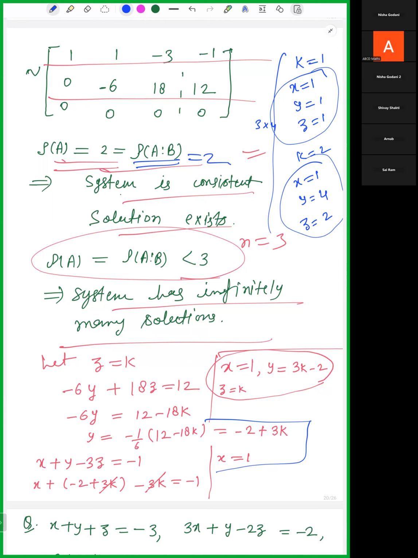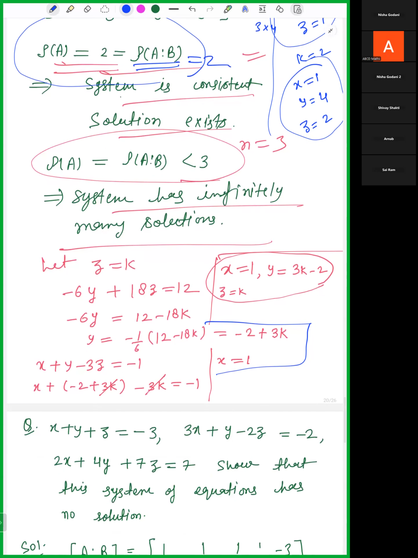Okay, so you must know the difference between unique solution and infinite solution. In case of infinite solution, the rank of augmented matrix and the given matrix is same, but it is less than the number of unknowns. But in case of unique solution, these ranks are same and equal to the number of unknowns. So is this case clear to all?